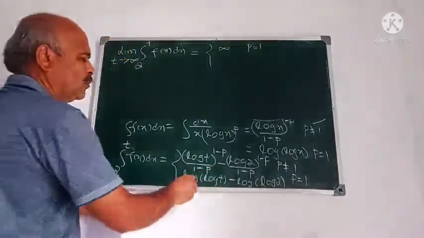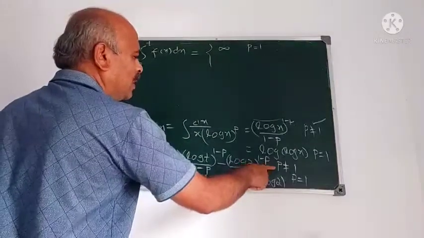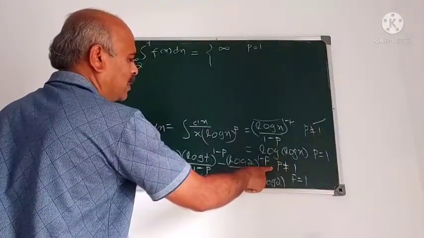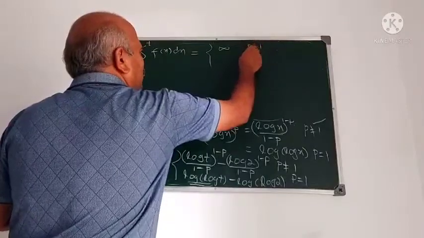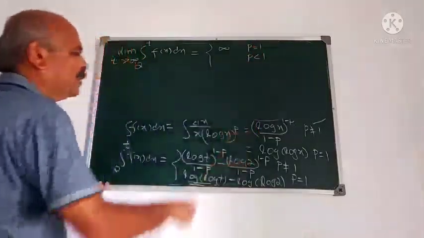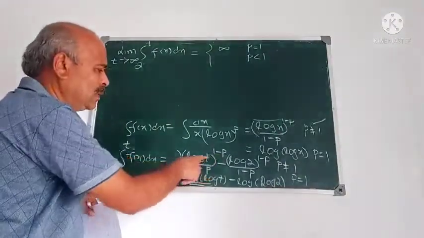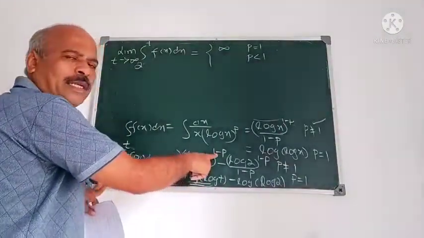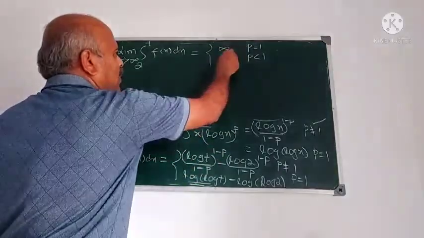So when t tends to infinity, it becomes infinity. Now suppose p is less than 1. Then also it becomes infinity. Why? Because when p is less than 1, this (log t) raised to the power remains in the numerator, so it becomes infinity.